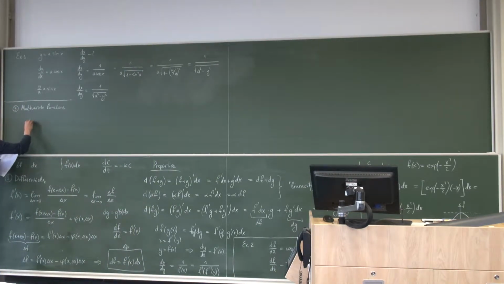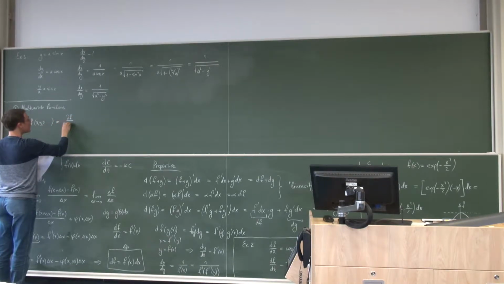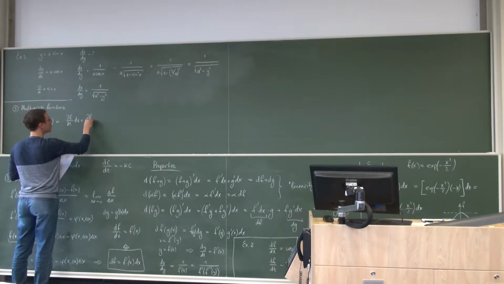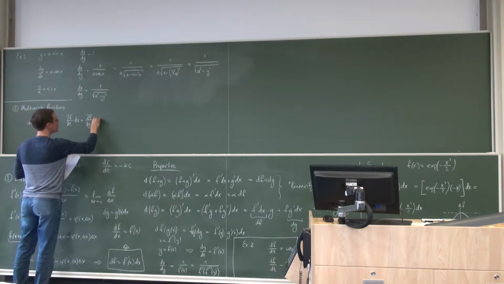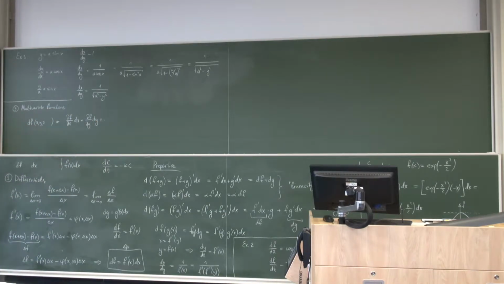So df of x, y, z, and so on is df by dx times dx plus df by dy times dy plus the z part and so on.